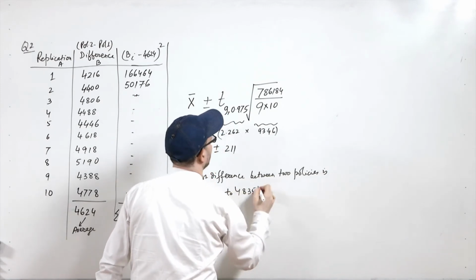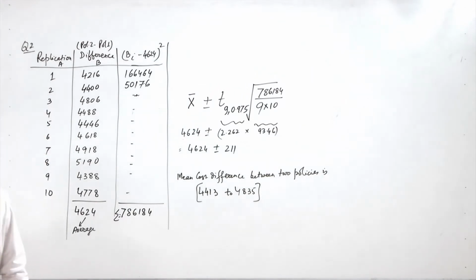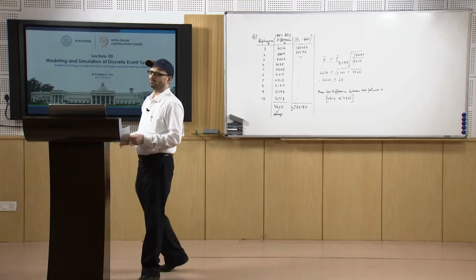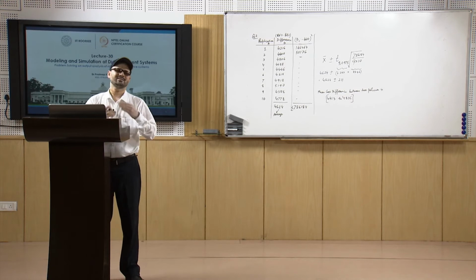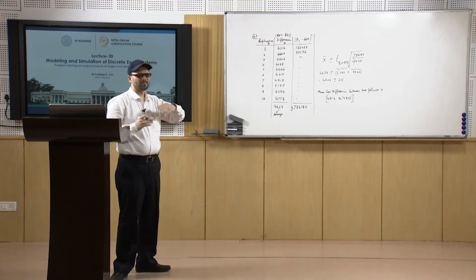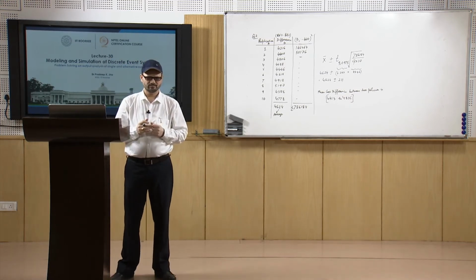So it will vary from this value to this value. That is how you can get the outcome when you compare the two systems.